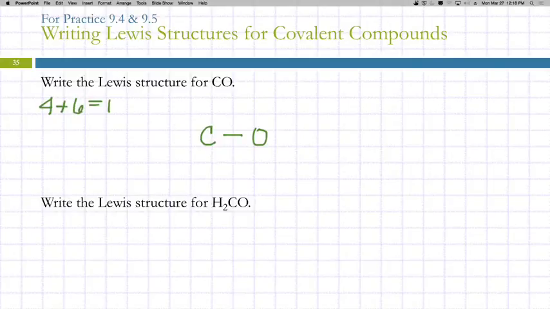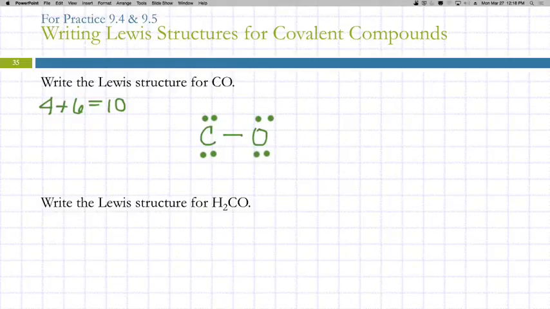Okay, so we've got 10 valence electrons. We're going to show 10 electrons here. This is a single bond, that's 2 electrons. So this is where we do some counting by 2. So I've already got the 2, 4, 6, 8, 10. I used up all my electrons.